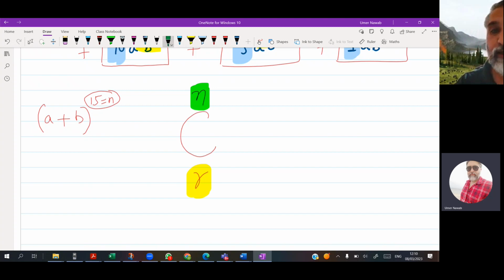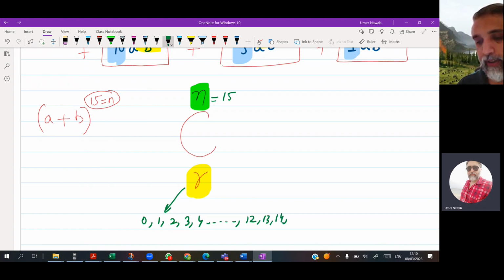Now this R is having all the values from 0 till 15. So if my N is 15, my R starts from 0, then 1, 2, 3, 4, 5, 6, 7, 8, 9, 10, 11, 12, 13, 14, and 15. So it will help me to find all the coefficients of binomial expansion.